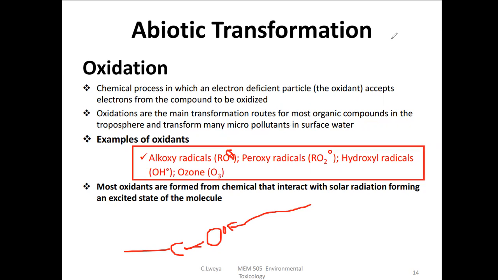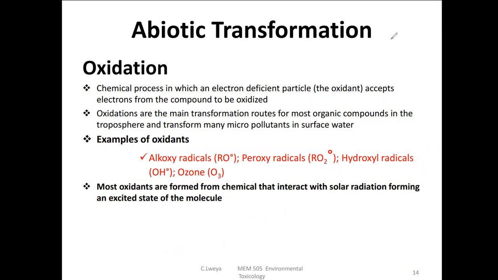The other one is what we call the peroxyl radicals. The peroxyl radical just comes back from what we discussed. We have R, a very long chain of carbon and hydrogen, and then we have a double bond to oxygen.